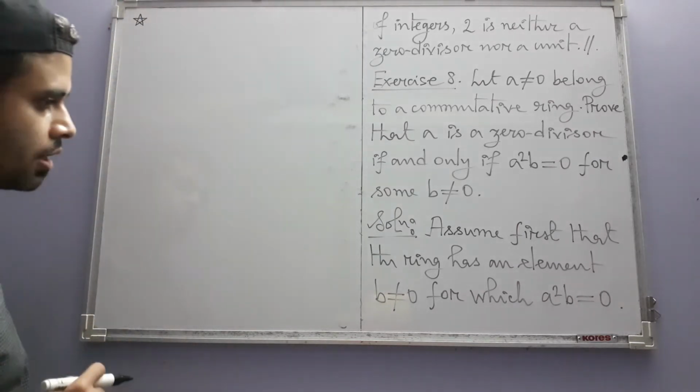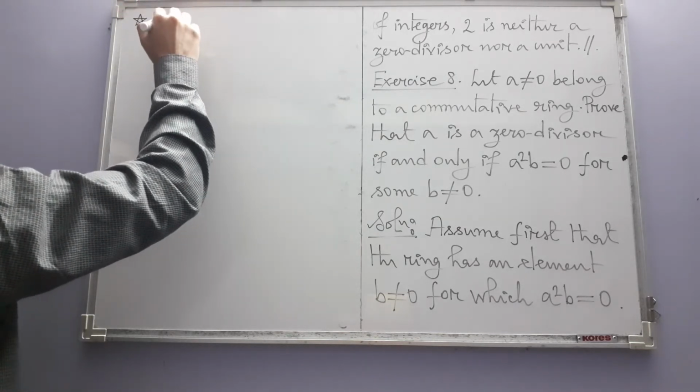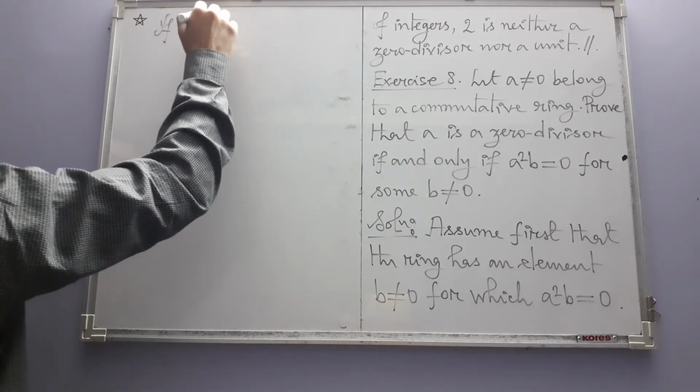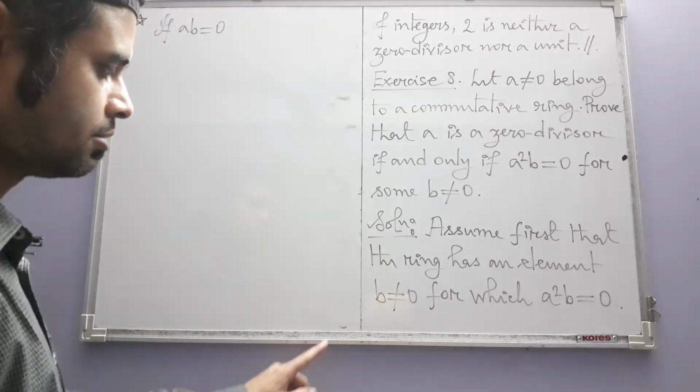Now two cases will arise. AB may or may not be 0.